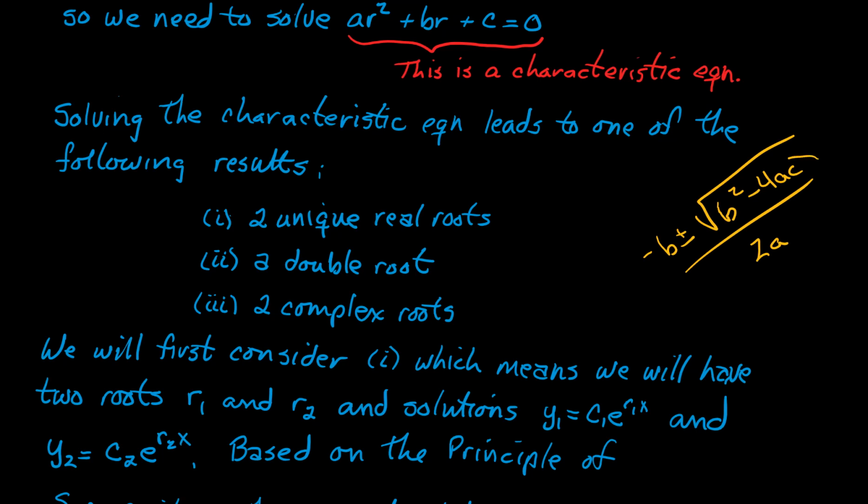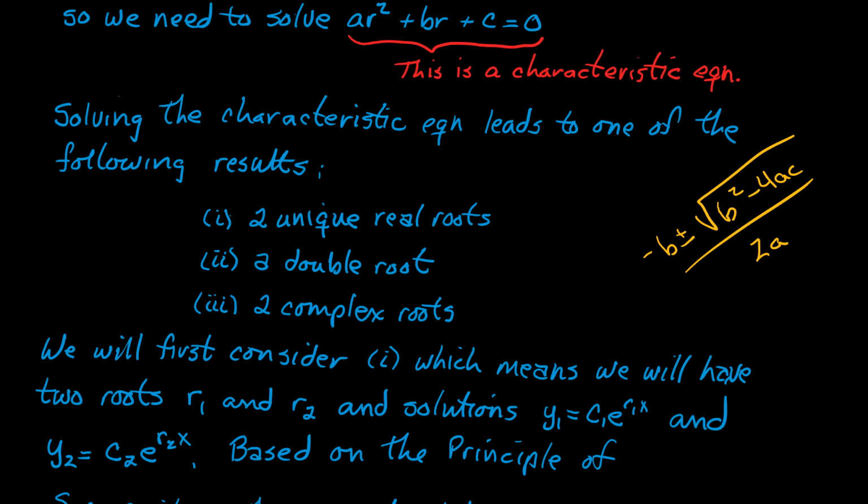This component inside of the square root is called the discriminant. It allows you to discriminate between real and complex solutions. If that winds up being negative, what we're going to wind up with then is the third option, two complex roots.